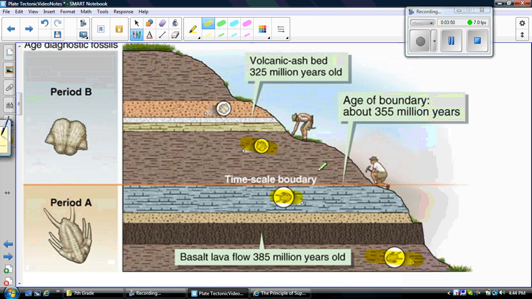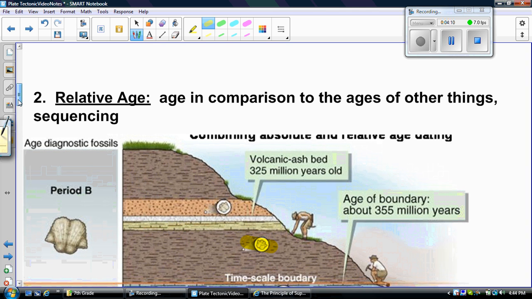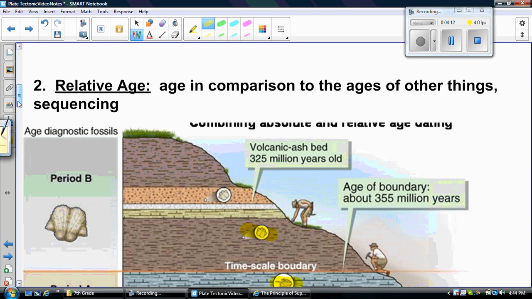And if we know that this rock section right here is about 355 million years old, then we're going to say that's how old this fossil was. And that's when this living thing lived, about 355 million years ago. Whereas this fossil lived past 385 million years ago. So that's what it means to talk about relative age. It's comparing the age to other things.